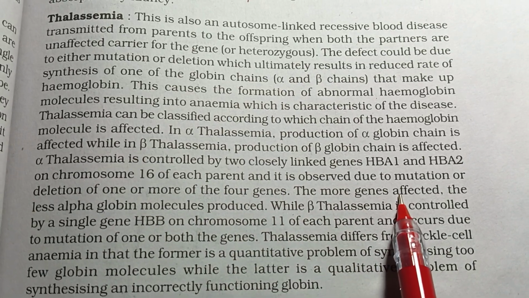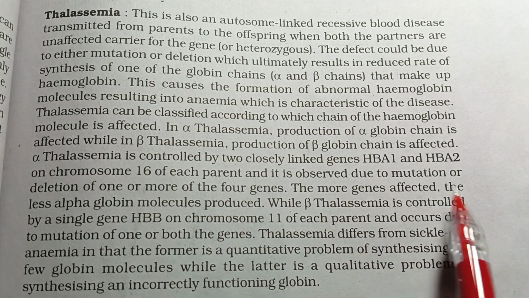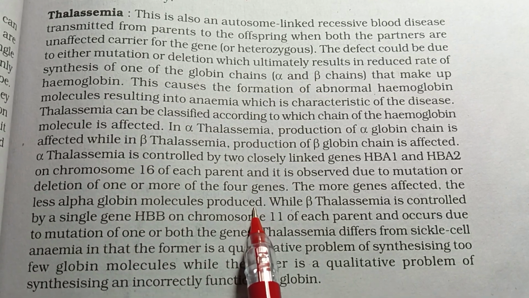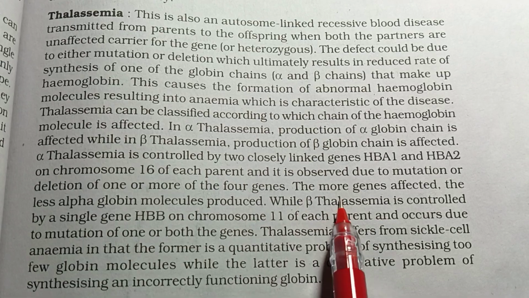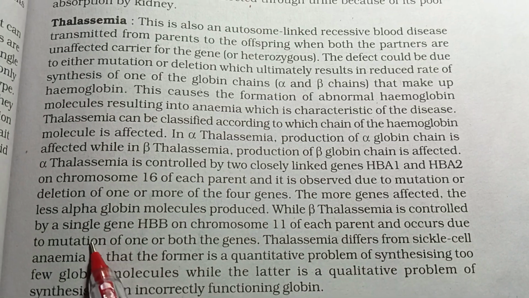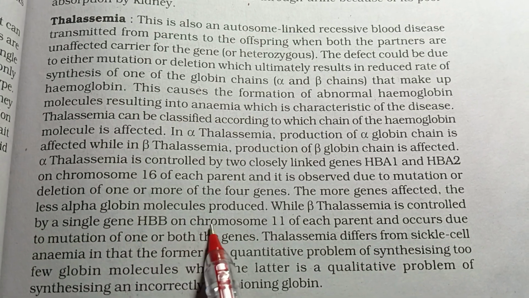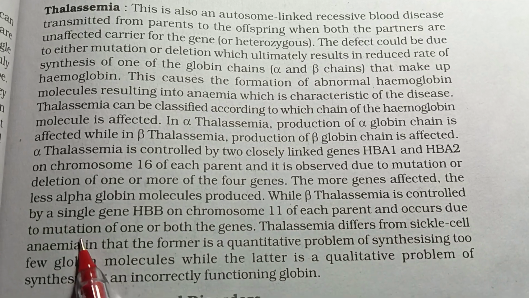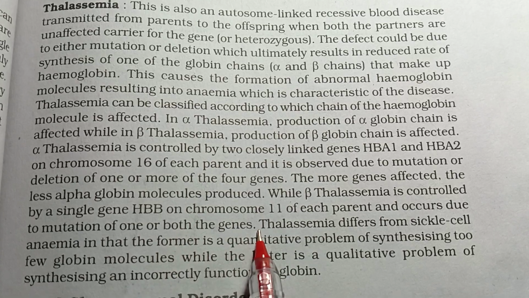The more genes affected, the less alpha globin molecules produced. While beta thalassemia is controlled by a single gene, HBB, on chromosome number 11 of each parent, and occurs due to mutation of one or both the genes.